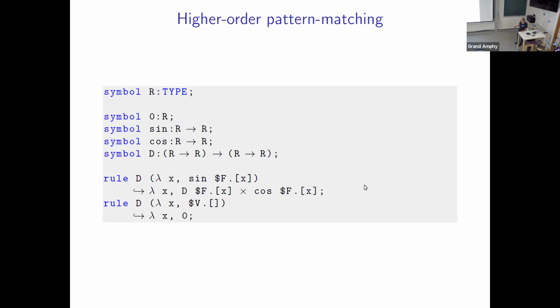But here we are saying, we want to match some variable v that does not depend on x. And like this, we can capture a constant function. So this is the kind of rewrite rules that you can have and use in LambdaPy.